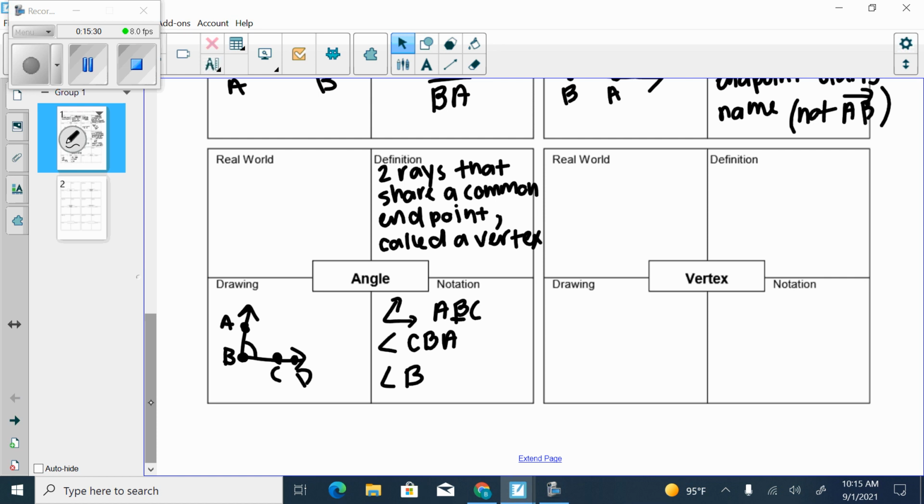Okay. All right, then we've got a vertex. So a vertex is the common endpoint shared in an angle.